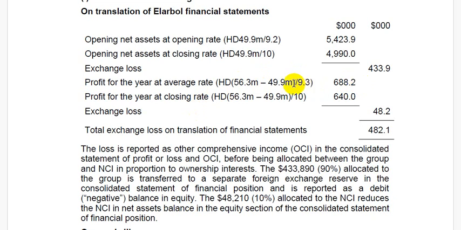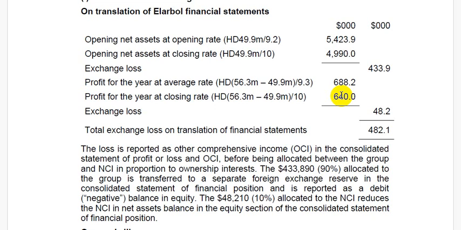And then this gain, you translate it at the closing rate, which gives us 640. So again, we see that the gain has reduced in value by 48,200.